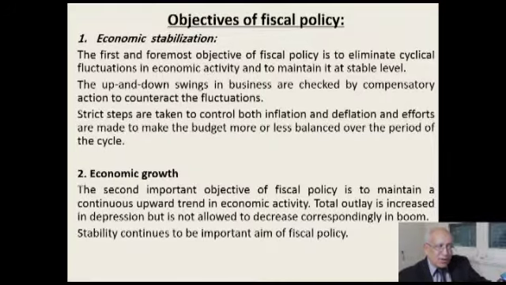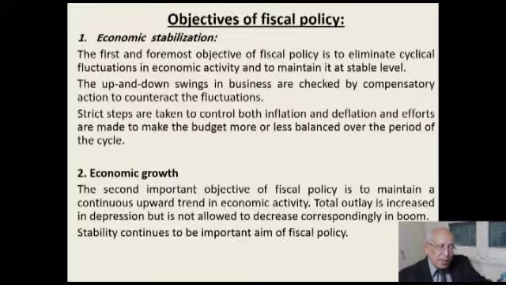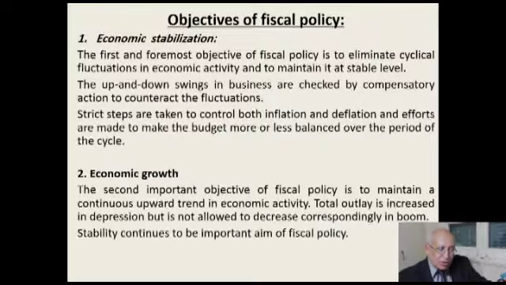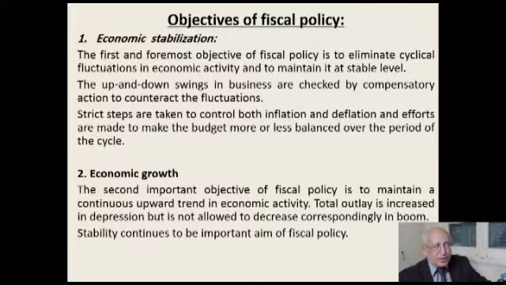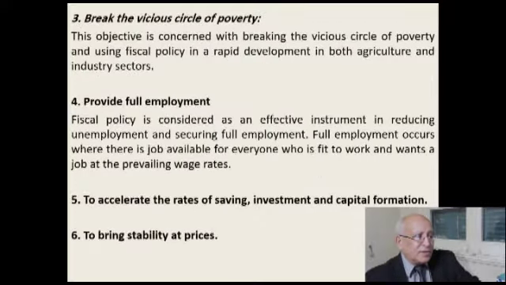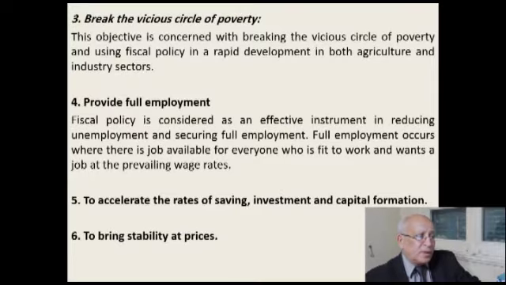Under these objectives, during boom, we can't reduce public expenditure as growth is the aim of fiscal policy. The third objective is to break the vicious circle of poverty.